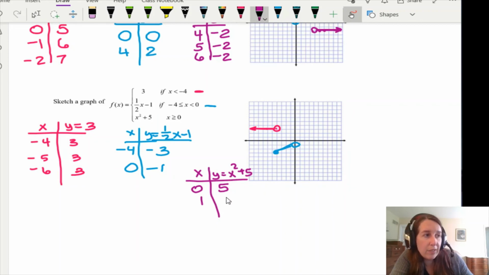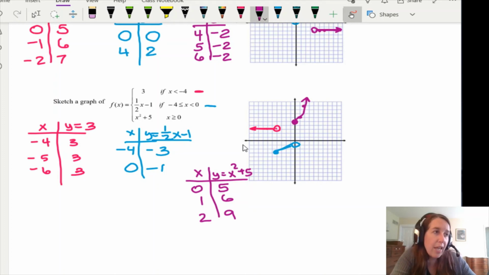So that would be 6, and I might want to put in 2. 2 squared is 4 plus 5 is 9, and that's good enough. So 0, 5 is included. 1, 6, and 2, 9 gives me that parabola that I'm seeing on the third one.